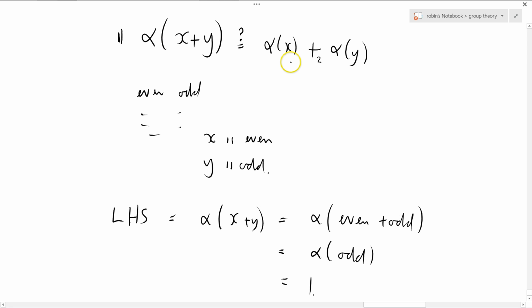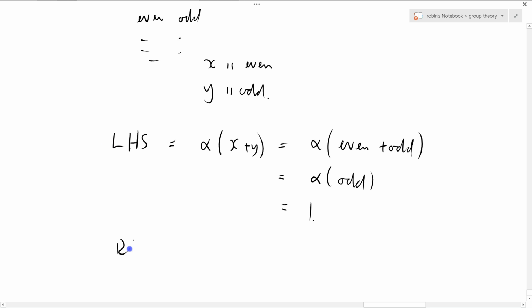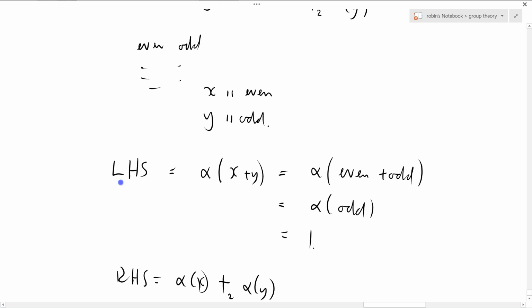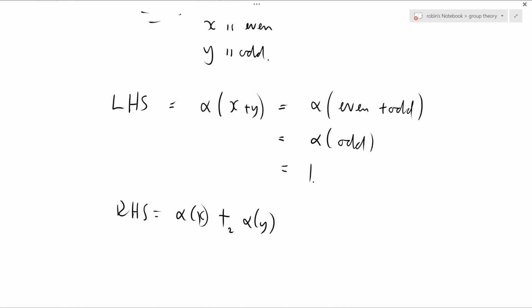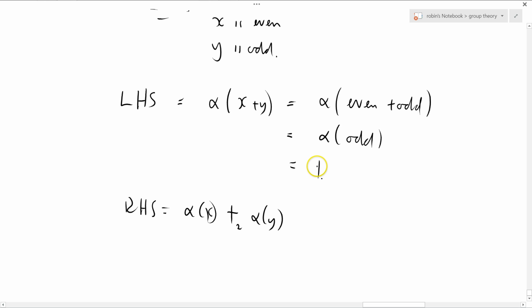That's this thing here. What's the right hand side? The right hand side equals alpha of x plus modulo 2 alpha of y. That just follows from the definition of a homomorphism, and we're just going to evaluate the right hand side. It had better be equal to 1, because if it isn't, I've made a mistake.